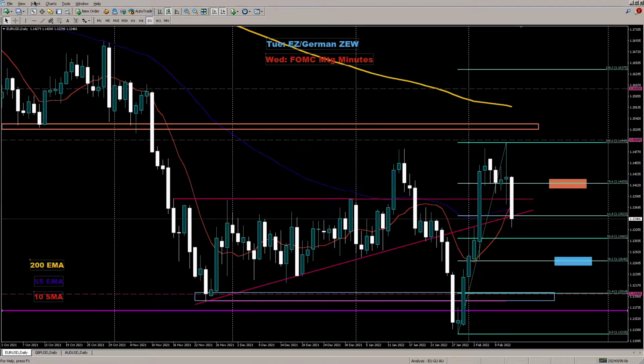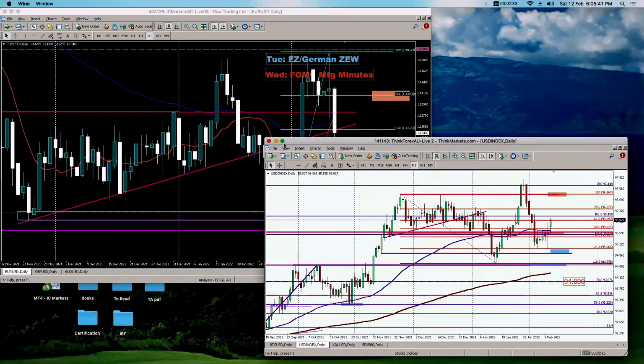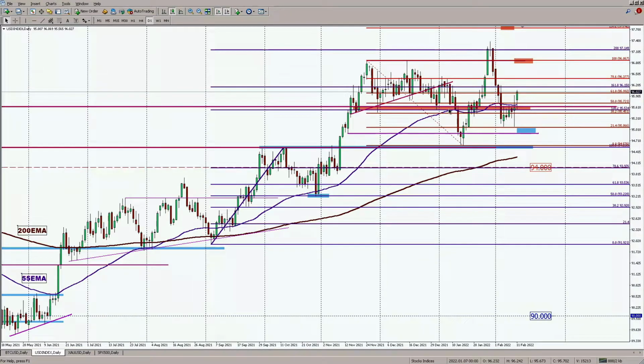All right, let's take a look at the US dollar index as well. After it had fallen significantly the previous week, it's been gradually climbing back up to recover until the volatile Thursday.